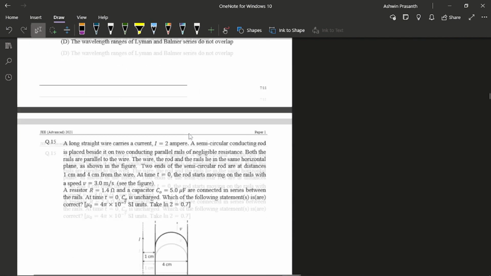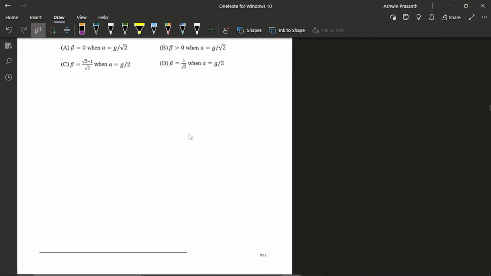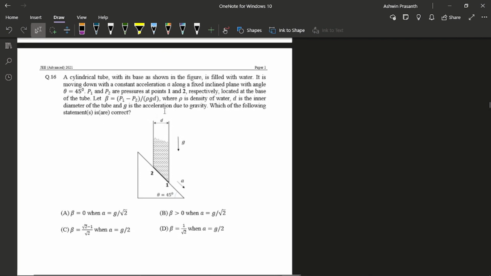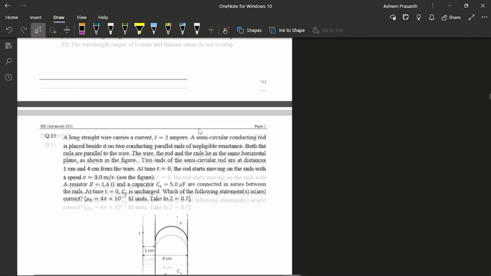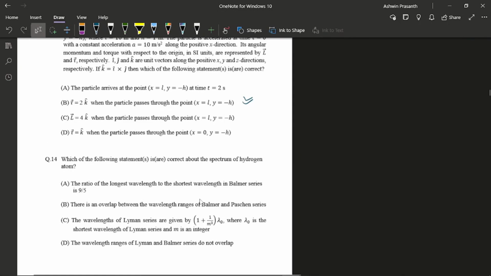Then I think this was the next question for me. At first, seeing all this situation, I was very scared. So what I did was I left this for the end in the same section. I went to different questions in the same section first. So then I did this question.